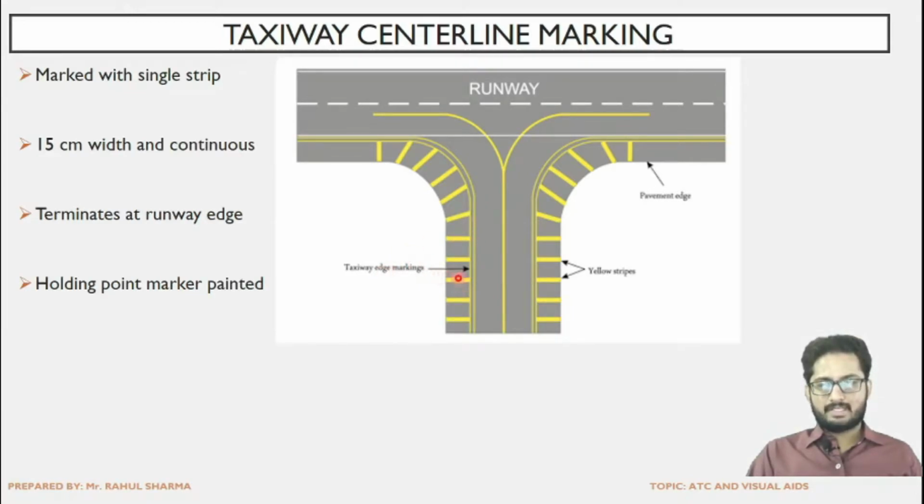The taxiway edge marking basically indicates that portion which is usable for the movement of the aircraft. Pavement edge marking is the end point of the pavement, and the yellow strips are basically indicating that portion which is between the pavement edge and the taxiway edge marking.